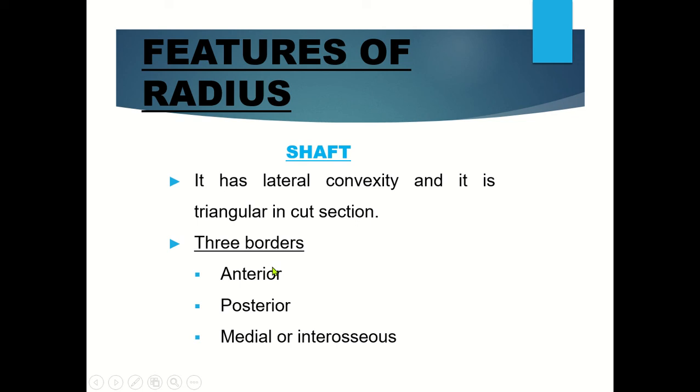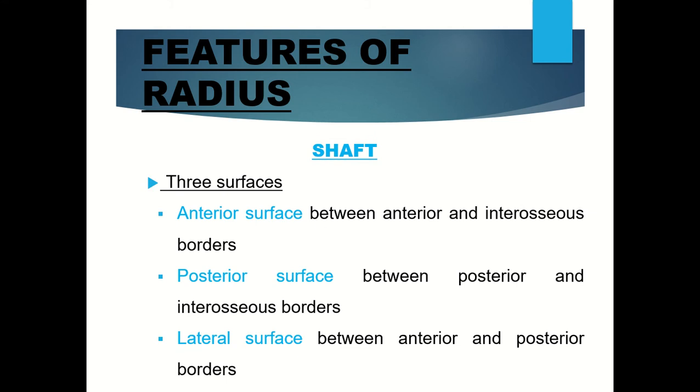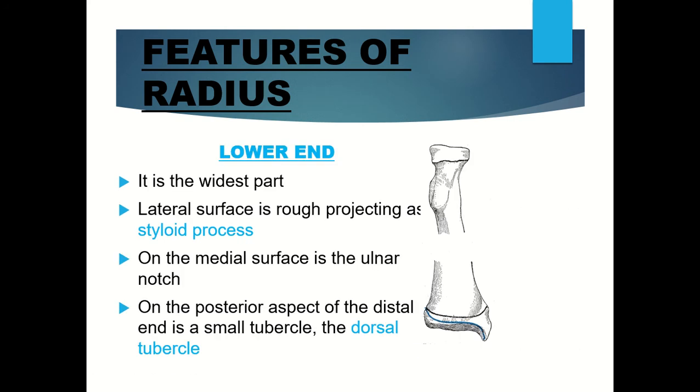There are three borders of the shaft of radius: anterior border, posterior border, medial or interosseous border. There are three surfaces of shaft: anterior surface, present between the anterior and interosseous border, posterior surface, present between the posterior and interosseous border, and the lateral surface, present between anterior and posterior borders.